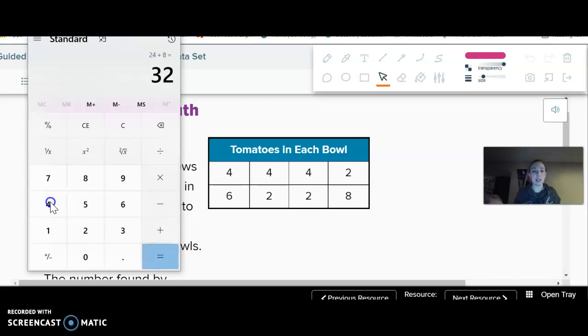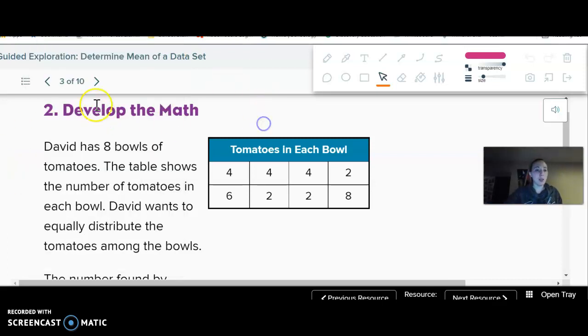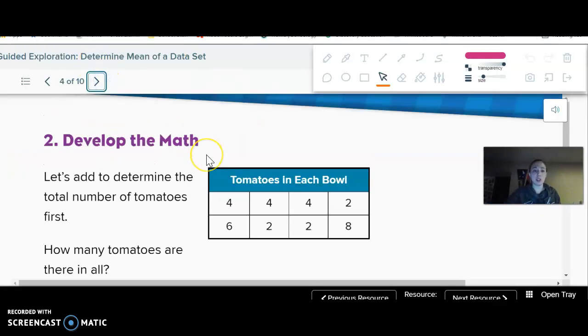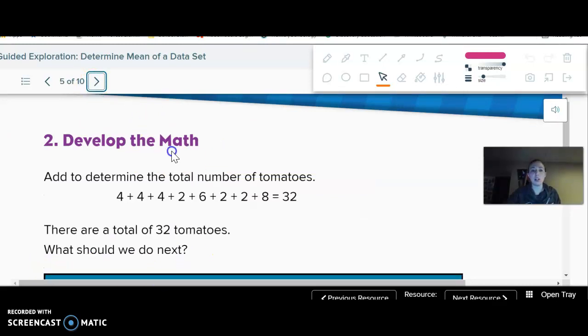The main thing with that is to just make sure we're hitting all the right buttons, hitting the right numbers, doing the plus, all of that, because it's easy to make a mistake. So I double check and type it in at least a couple of times to make sure you typed it in correctly. And then once we have that, we know that the sum is 32. So there are 32 tomatoes in all.